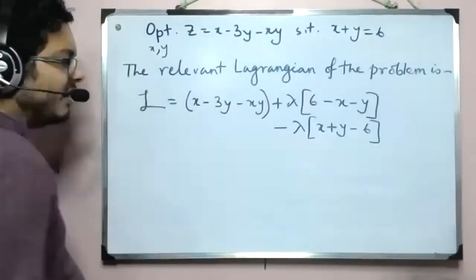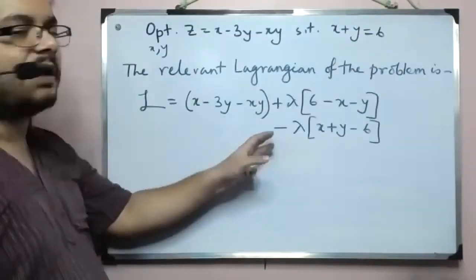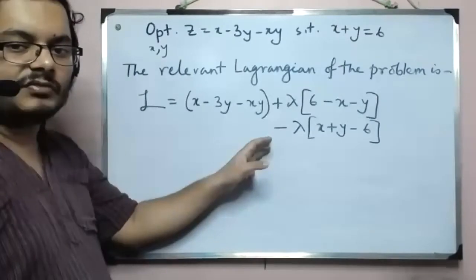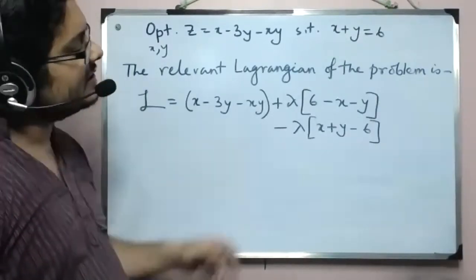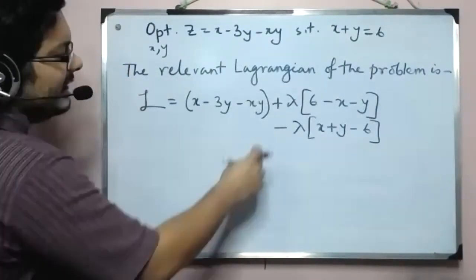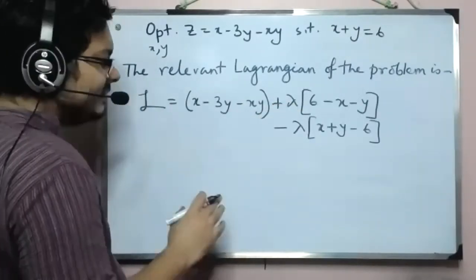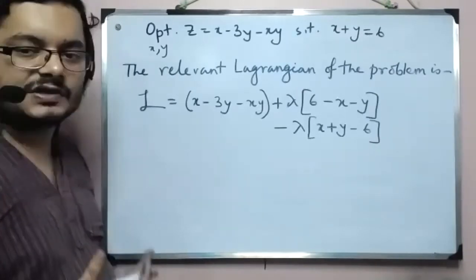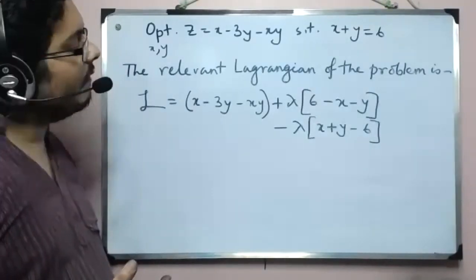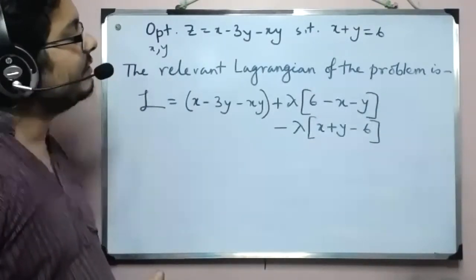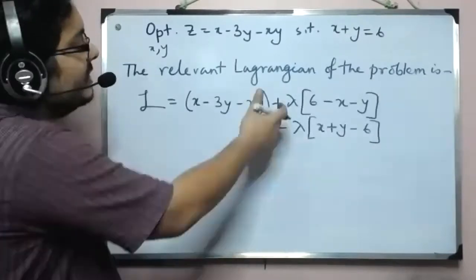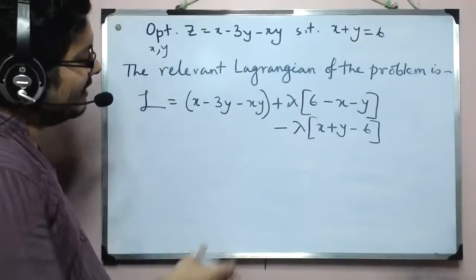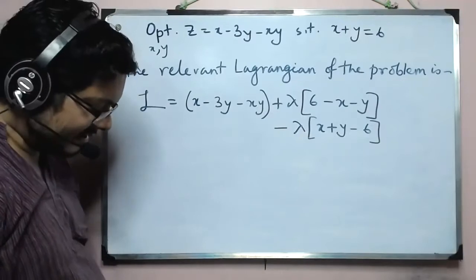There is no harm in it. It will not change the value of lambda. I can write in this way, but we prefer to write in this format. The reason is that there are some related derivations which are possible if you write it in this fashion. You can write it this way, but it makes things a bit complicated.